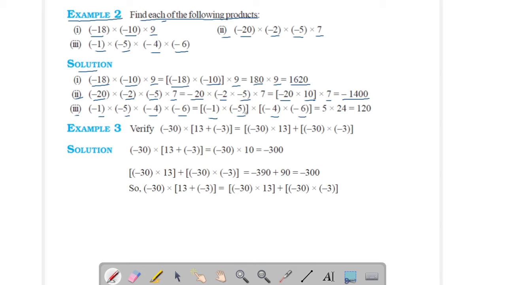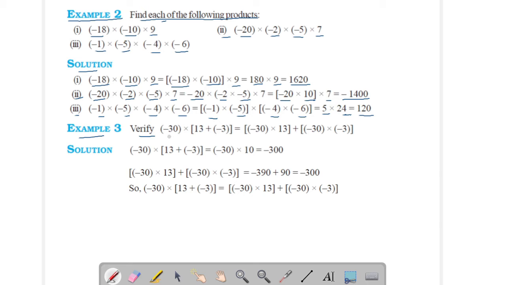So minus 1 into minus 5, it is minus minus plus, 1 into 5, it is 5 into, here see the second bracket, minus 4 into minus 6, minus minus, it is plus, 4 sixes 24, and then multiply 5 into 24, you will get 120. This is your answer.